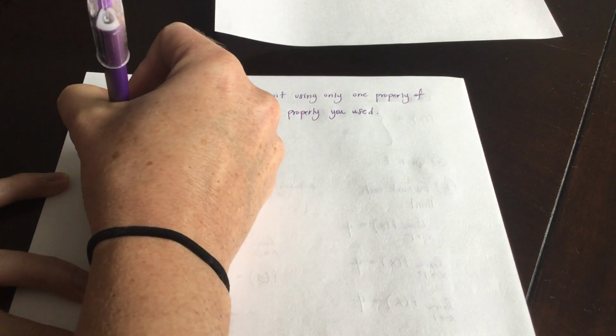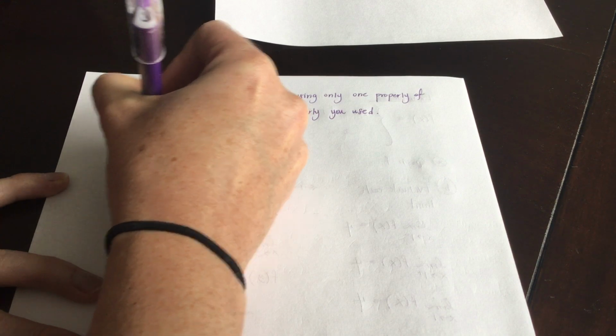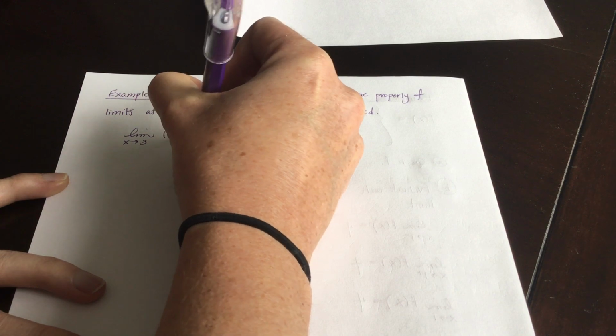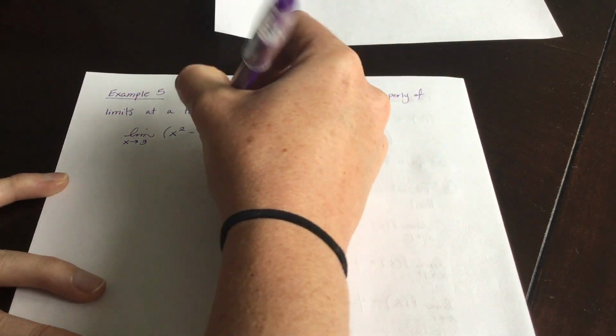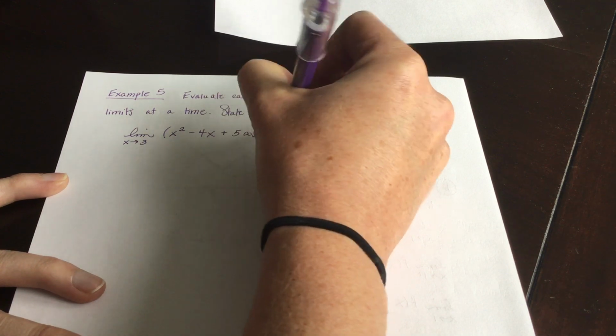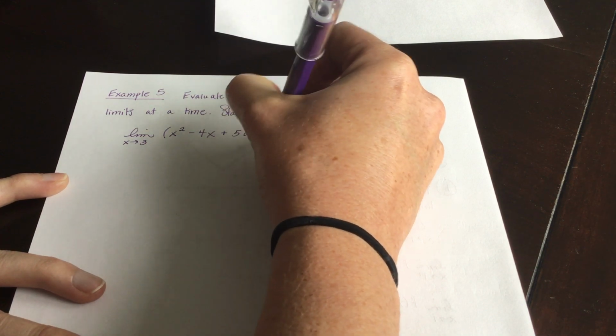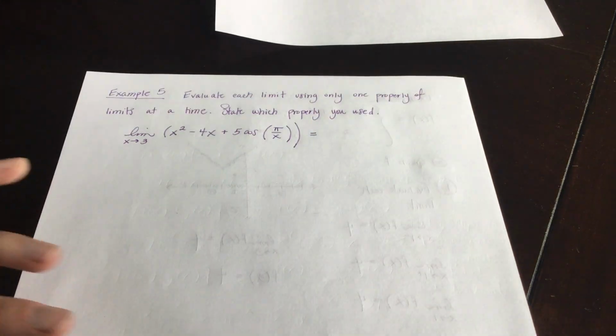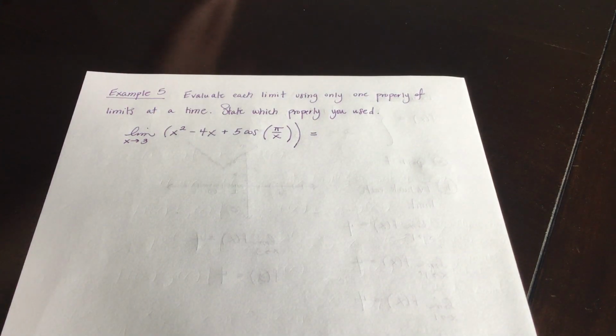It's just an exercise. The limit as x approaches 3 of the quantity x squared minus 4x plus 5 times the cosine of pi over x. Now let's say the directions weren't what they are. What if the directions just said evaluate the limit?